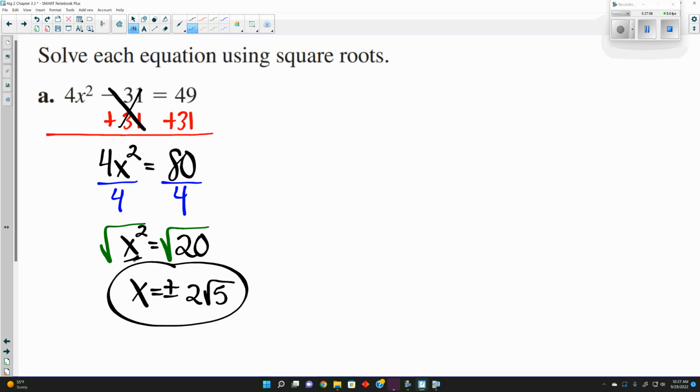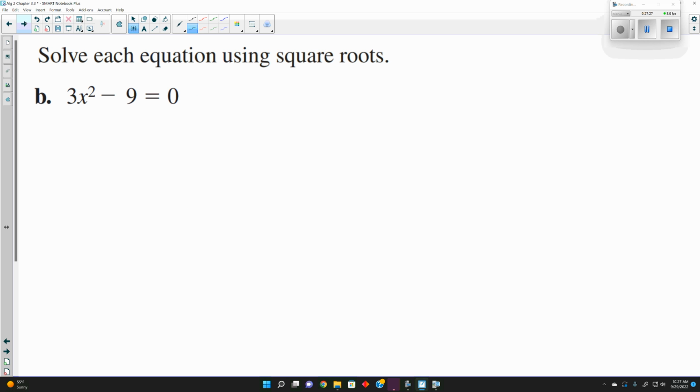Questions on this here? Now, whenever we don't have a middle term, or we have a set of parentheses squared where the only x is inside those parentheses, we can use this method here. We get the term that has that variable by itself, square root both sides, and solve. So if we look at this here, 3x squared minus 9 equals 0. So we could try typing it into the graphing calculator and graphing it.